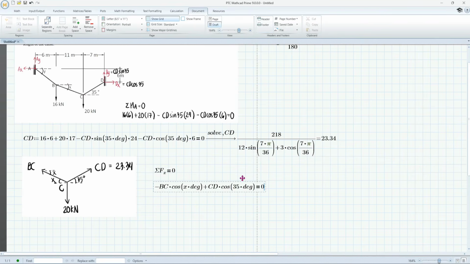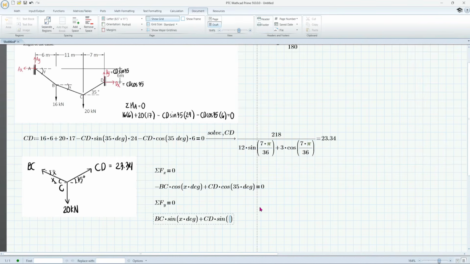This is our first equation. Then, for the second equation, we will sum up forces along Y. So, we would have BC sine of X degrees. Then, plus, upward yan, yung dalawa, BC saka CD, yung components nila.